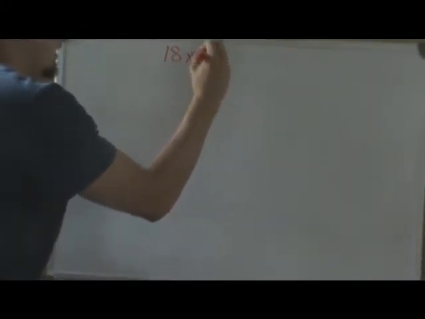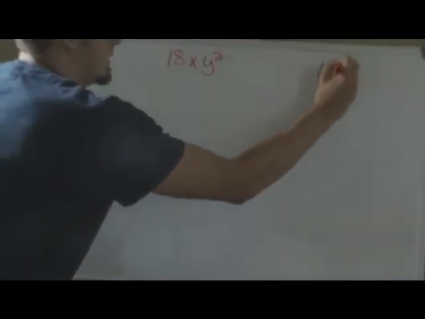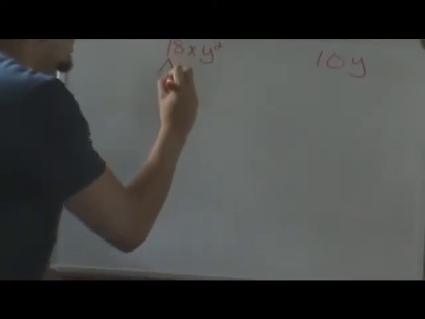So to start, if I have 18xy squared and 10y, I'm actually going to start the same way I do with LCM normally. So I'm going to find the prime factorization of 18 and the prime factorization of 10.